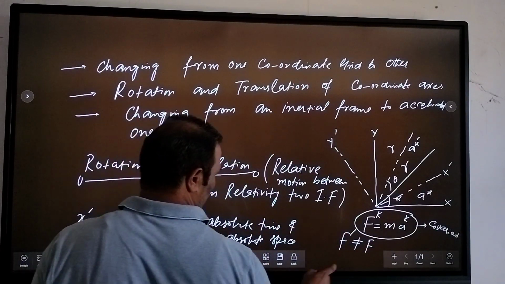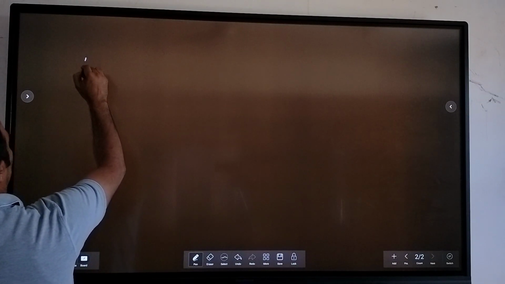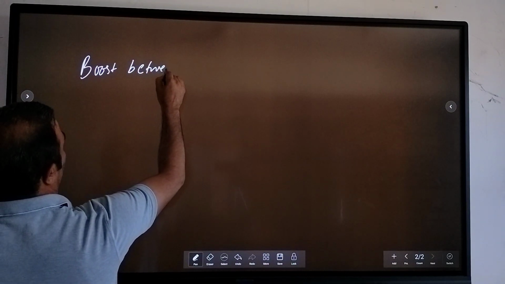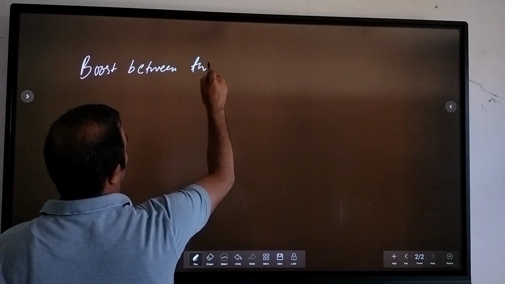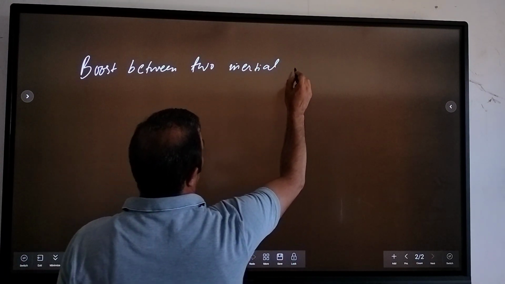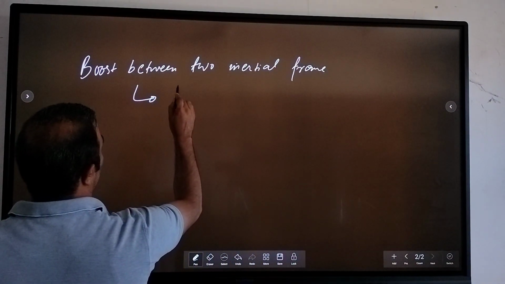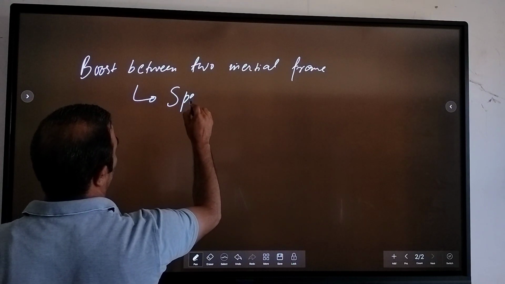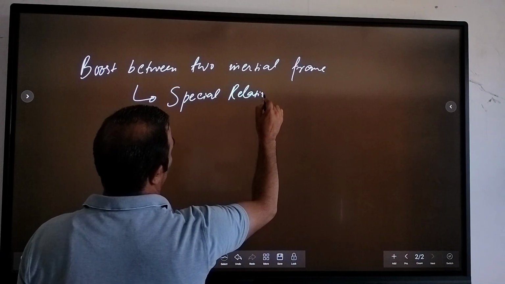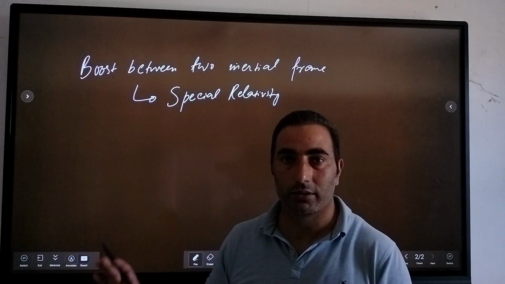So if we talk about the boost now, that includes what is called special relativity.